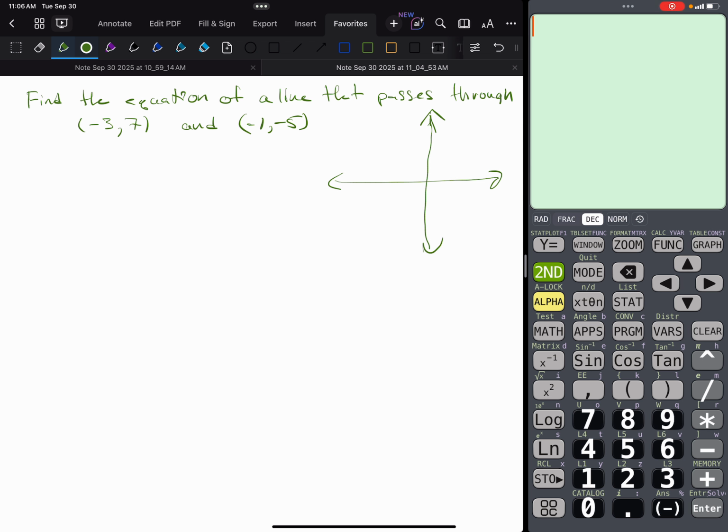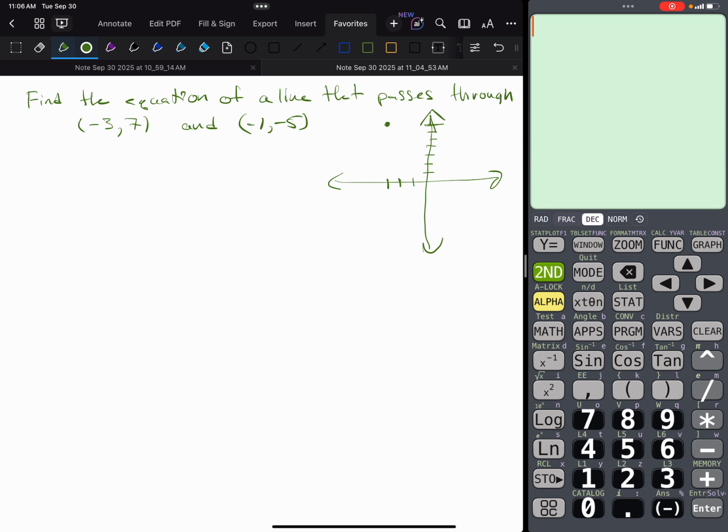Okay, we got a point at -3, 7, and a point at -1, -5, so we're probably talking like a -10 to 10 scale as far as where I need to put the tick marks. And so -3, I'm thinking 1, 2, 3 for about the size of those tick marks, and then 7 will be vertical, so 1, 2, 3, 4, 5, 6, and 7, so that puts our point on the grid somewhere up there for my -3, 7.